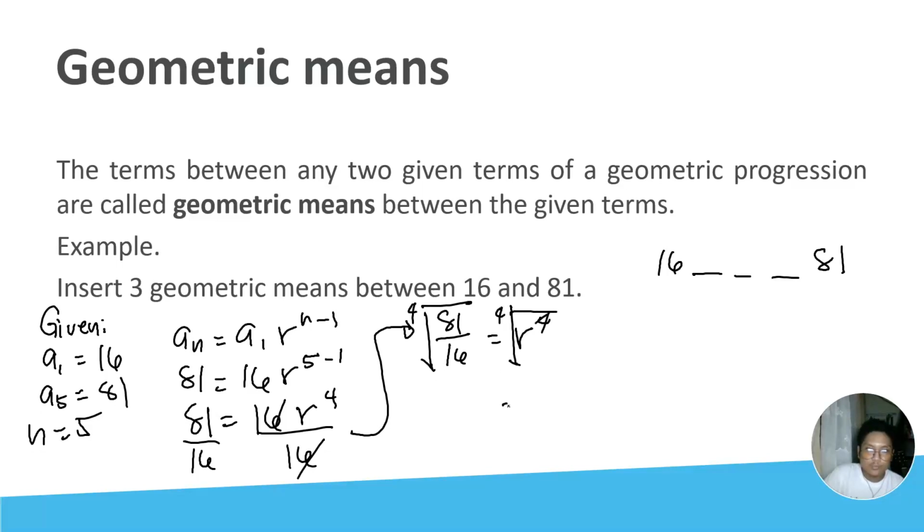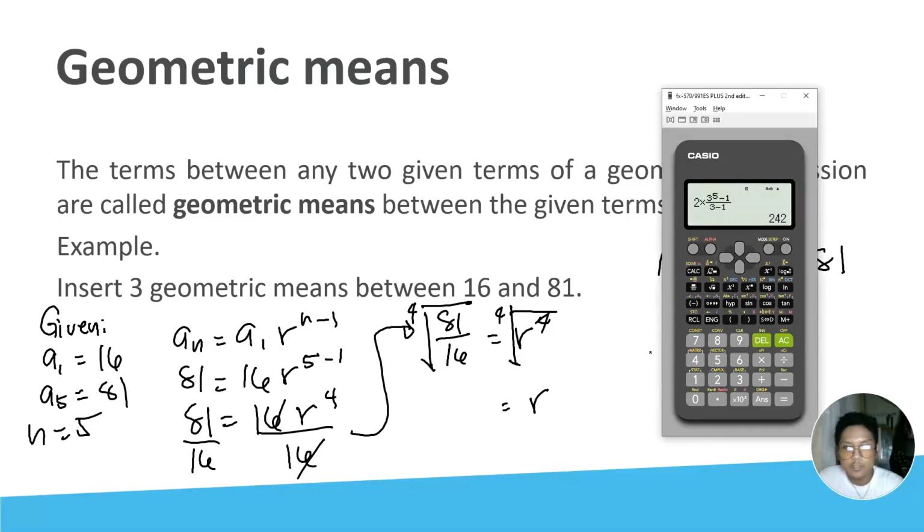Fourth root ng 81 over 16 is, fourth root of 81 over 16, 3 halves.